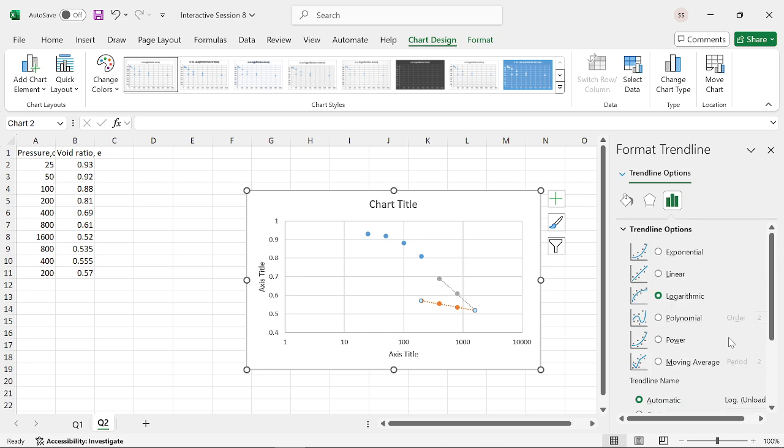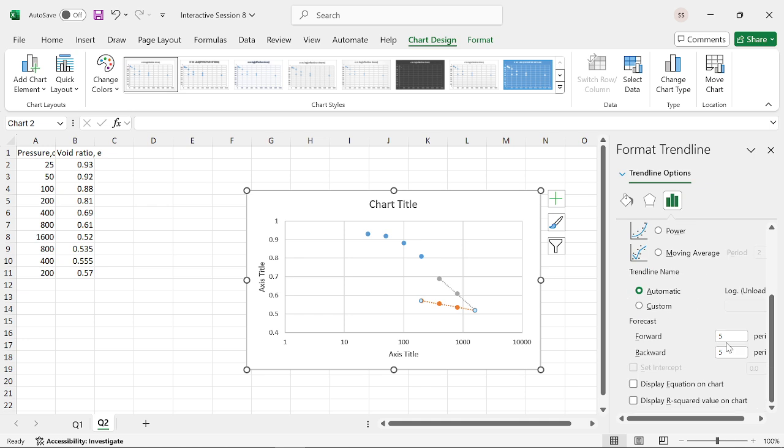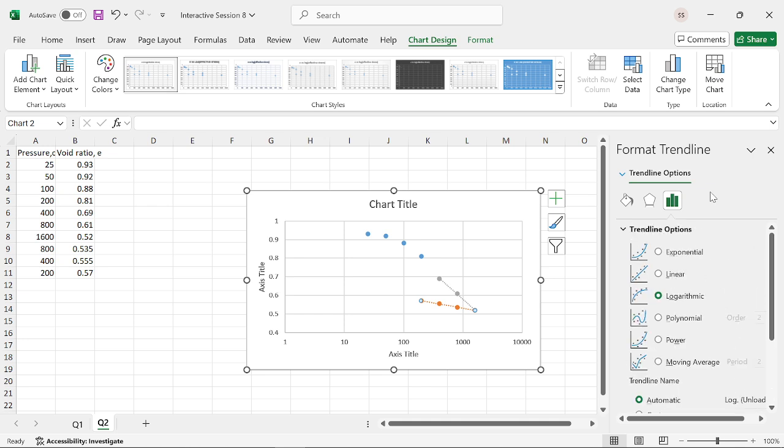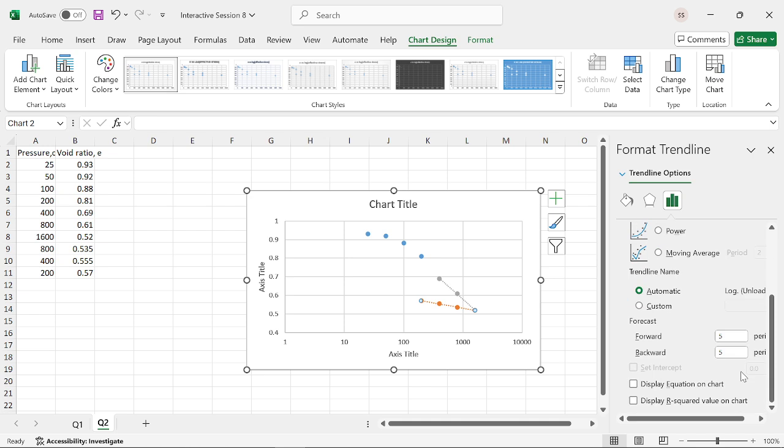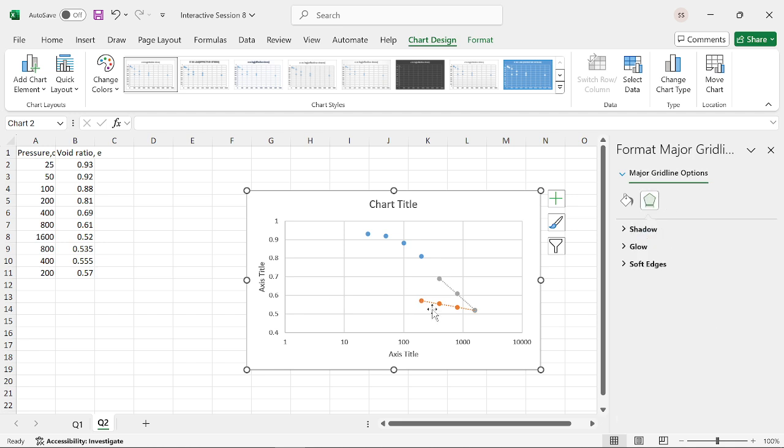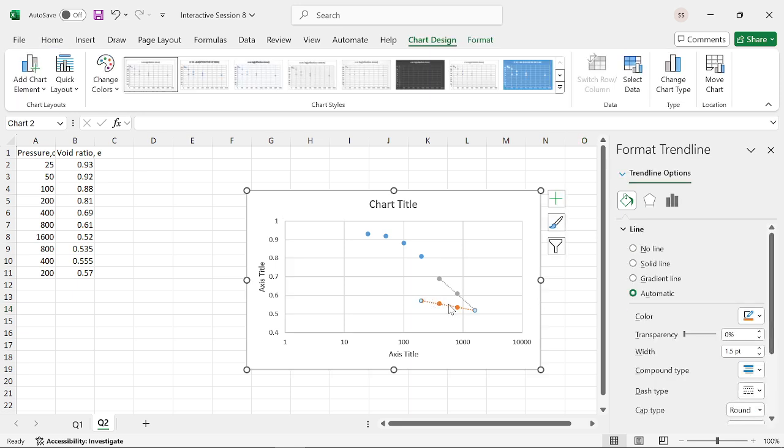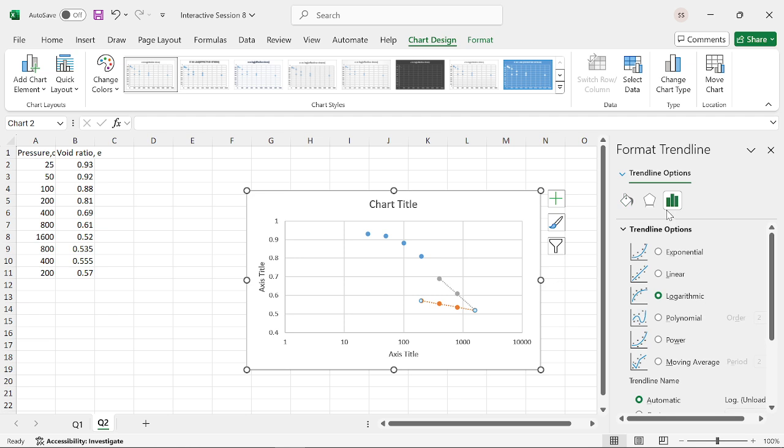But it's not forecasting. I don't know why. Why isn't it forecasting? Trend line options.